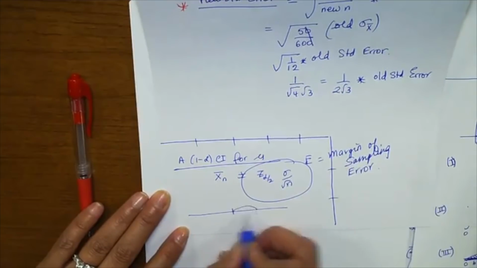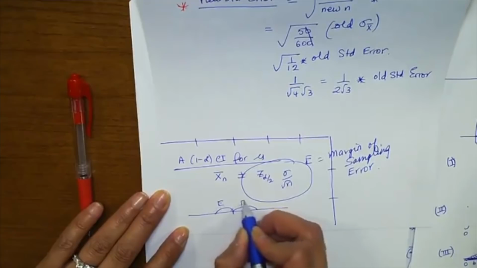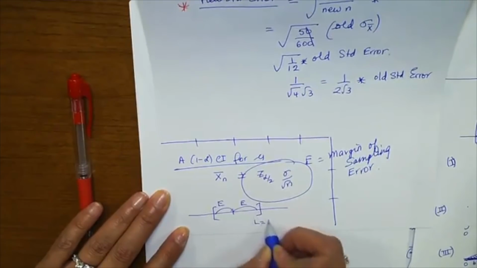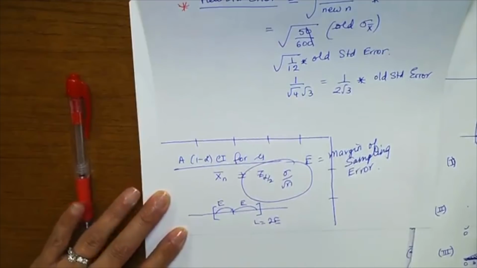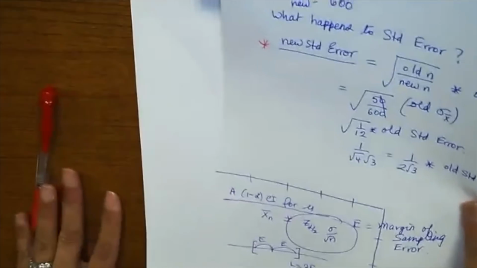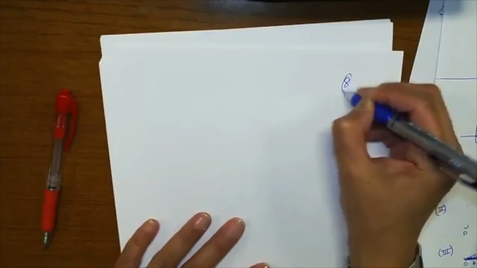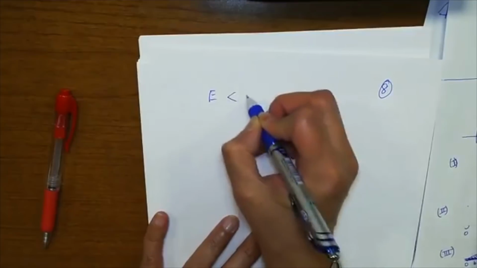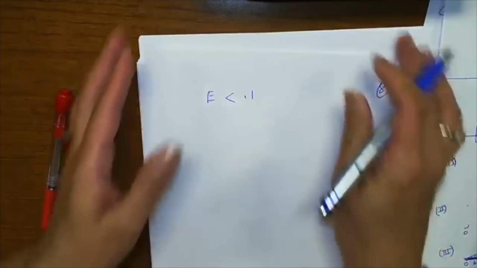So the length of the confidence interval is E plus E, which is 2E. Right? So the kind of question they can ask is that you want the E contained. I want the E to remain less than 0.1.